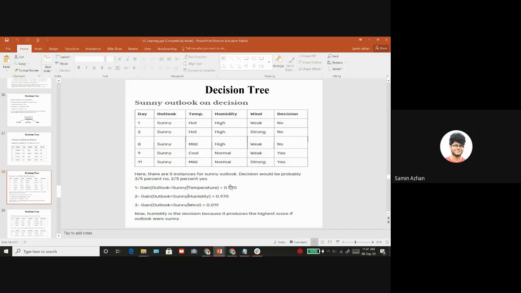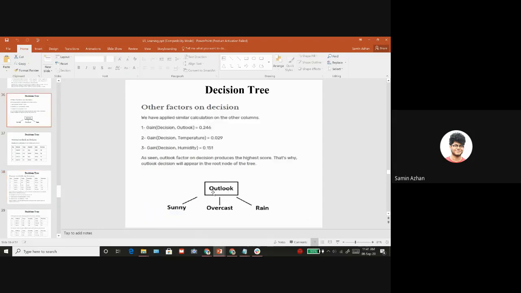And after that, you'll have to decide again which information gain is maximum. And taking that will give you the most efficient tree. So in this particular case, we see that humidity is the right decision because it has the highest information gain when outlook is sunny. That means when outlook is equal to sunny, we should put another node here, and that should be humidity.